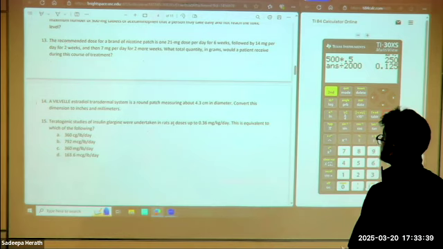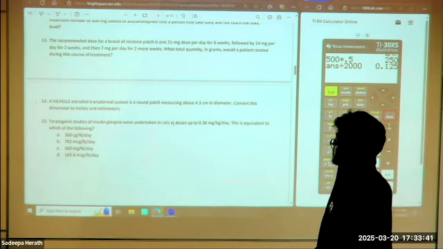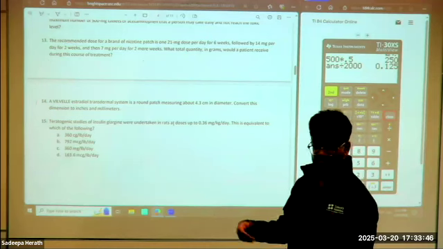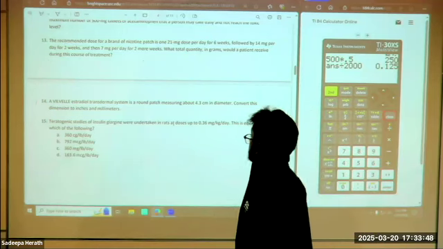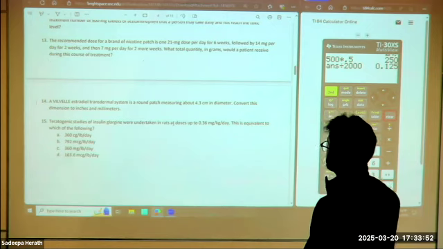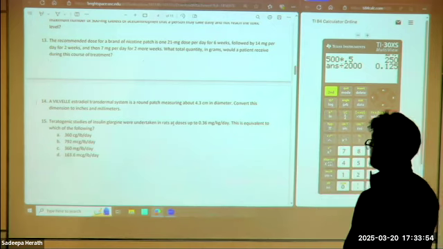What total quantity in grams would a patient receive during this course of treatment? That's actually how nicotine is treated in terms of nicotine patches. Don't worry about that. So they're asking for the total quantity in grams.